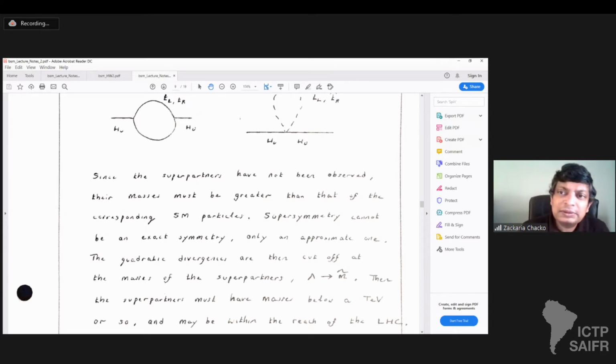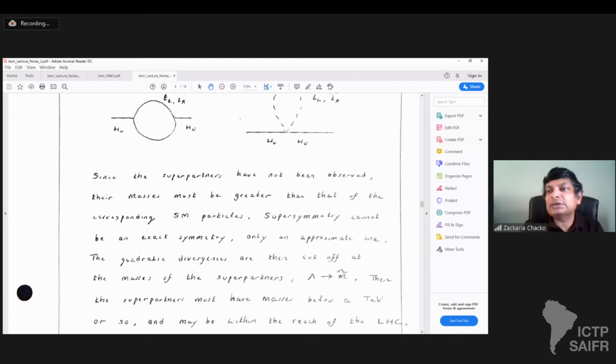Okay, and so that means the stop can't be very heavy. Because if you made the stop very heavy, you would basically get this quadratic divergence back, now cut off at the mass of the stop. And we saw that already for the top loop: if it's cut off at 1.5 TeV or something, already there's a problem.